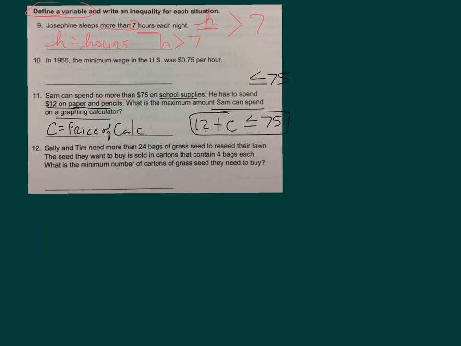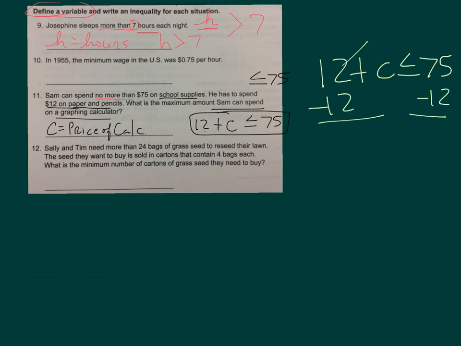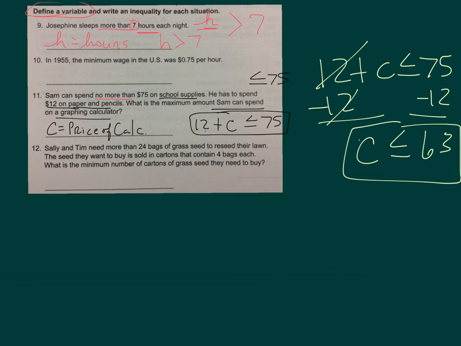I'm curious to see how much I can spend on the calculator. All right, here we go. So if I have 12 plus C is less than or equal to 75, just like any other equation, I'm going to subtract that $12. So I'm left with C, the price of the calculator, has to be less than or equal to 63. And if you were to buy a calculator, I'm sure you can get it for less than $63 if you shopped well enough. And there you go. You are to do the evens.